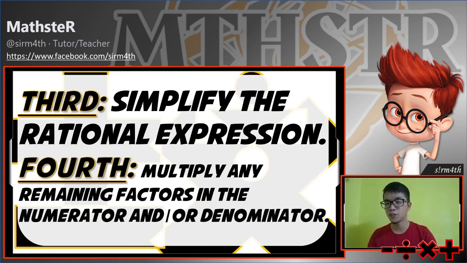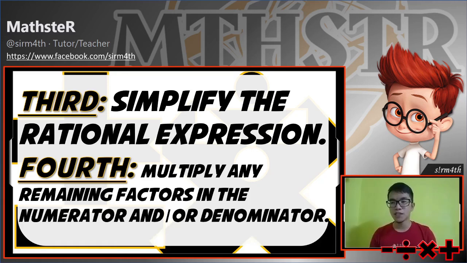So, we have the fourth, multiply any remaining factors on the numerator and or denominator. So, ito yung pinakang last wherein pwede na nating malaman kung ano yung kanyang final answer or kung ano yung kanyang product kapag pinag-multiply natin yung dalawang rational algebraic expression.